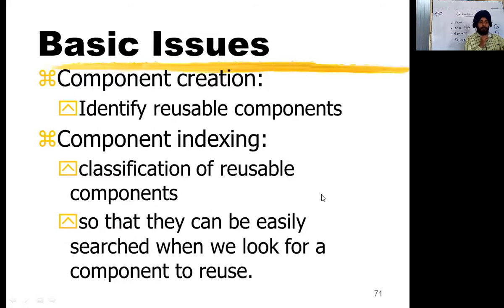All the edibles are arranged in one stack, and all the cosmetics in another. This is the way of classifying or organizing items. Similarly, you can organize or classify the different components of your software and make a proper indexing of them, so that they can be easily searched when you want to reuse them. Next.